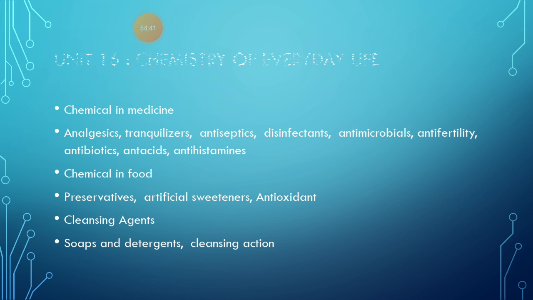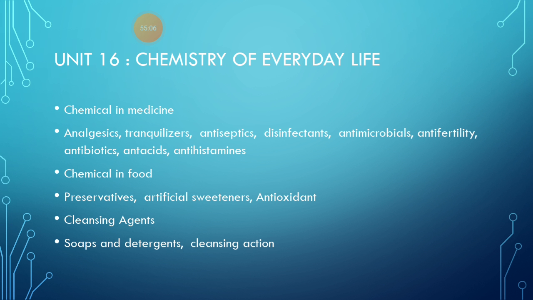And finally, the last topic from the chemistry syllabus is chemistry of everyday life. In this topic, we are going to learn about the chemicals in medicine, which are called drugs.